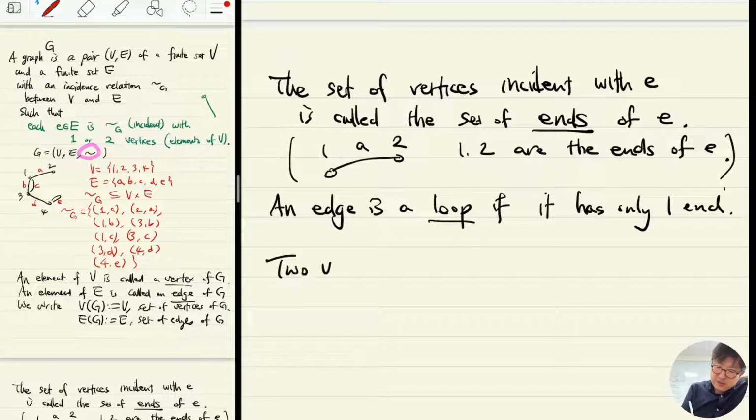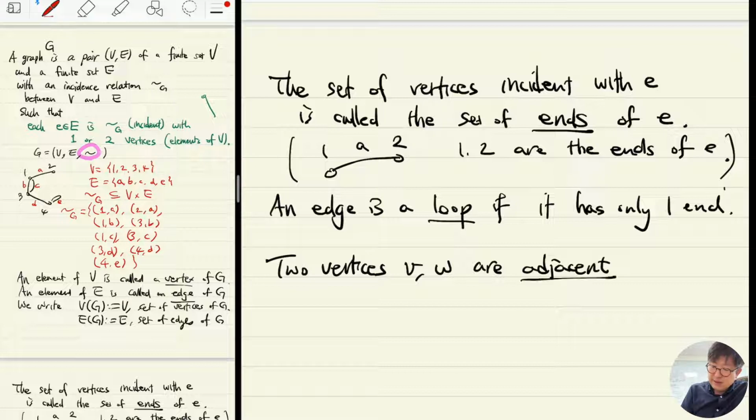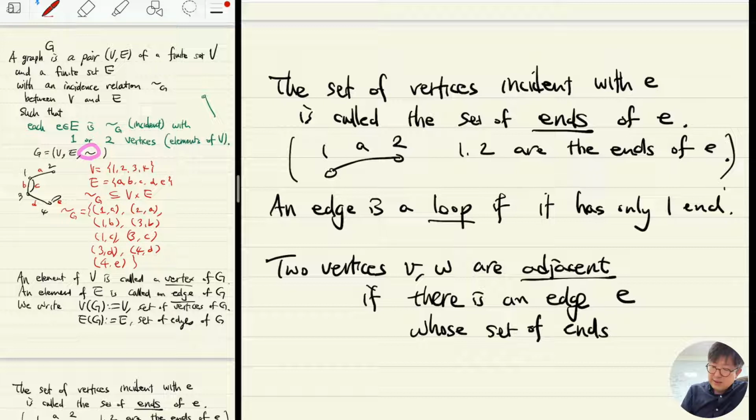Two vertices v, w are adjacent if there is an edge e whose set of ends is {v, w}, right?